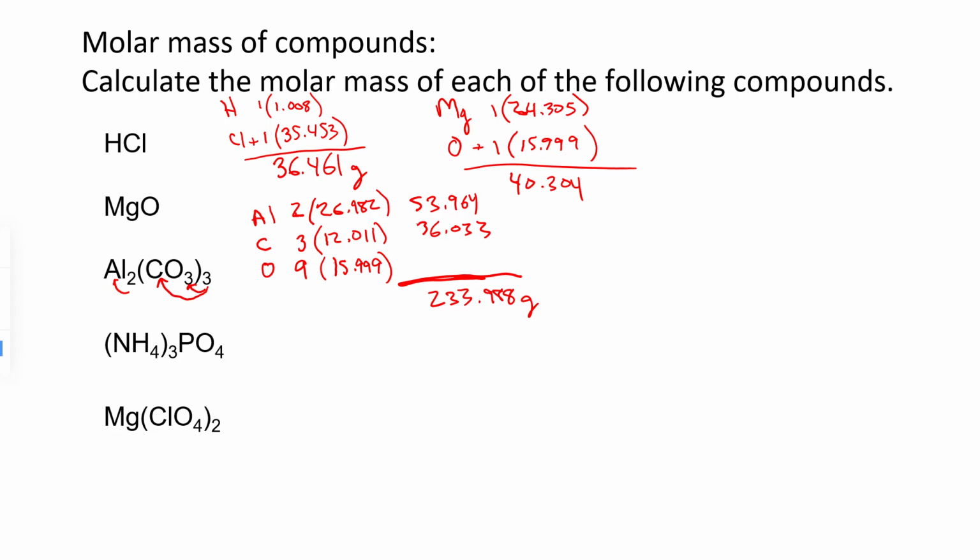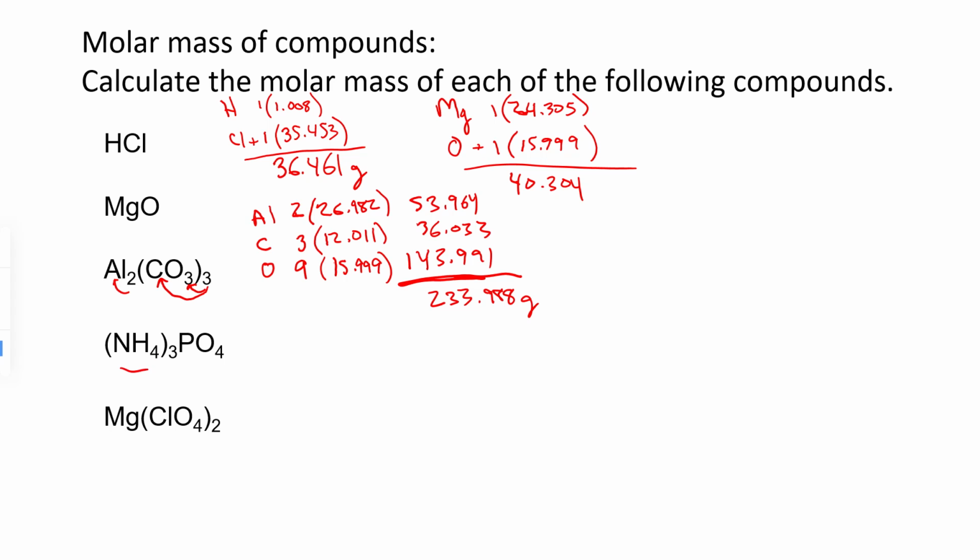Then you would do your 9 times 15.999, which gives you 143.991. And then when you add those together, you would still end up with the same answer. So either method works. I like to just use my parentheses in my calculator to make it easy. Moving on to the next one.